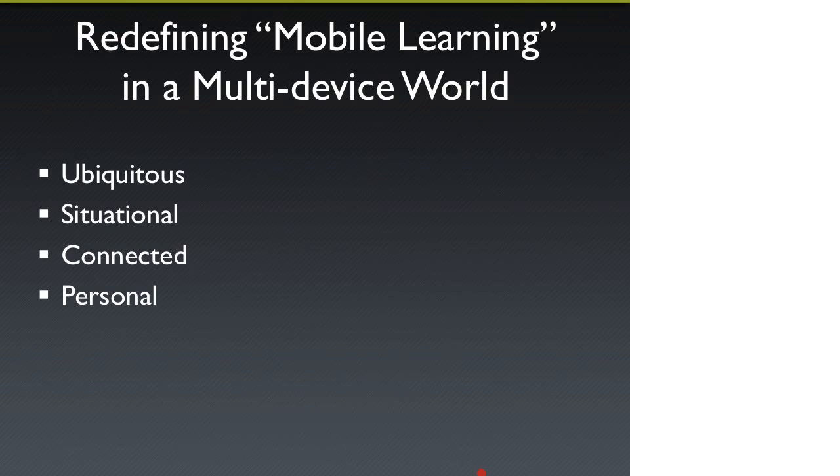It's also connected, in terms of being able to access web services, colleagues and friends, social networks, and things like that. And finally, it's more personal, because we tend to look at our mobile devices in a more personal way. We tend to relate to them in a different manner. And that, I think, is another element of mobile learning.